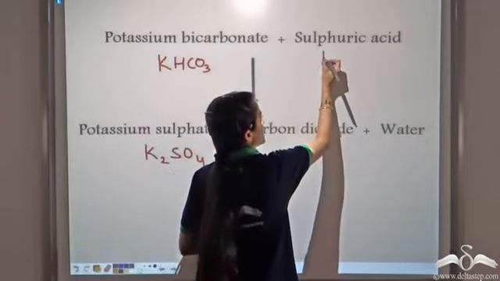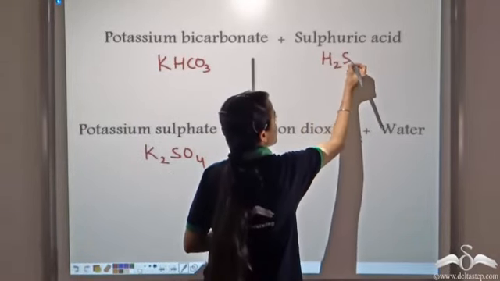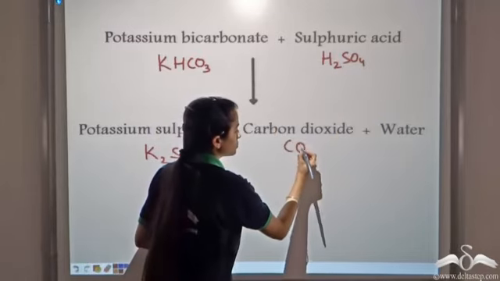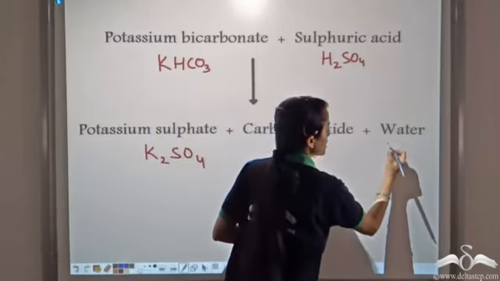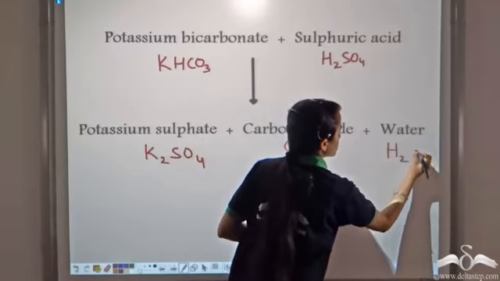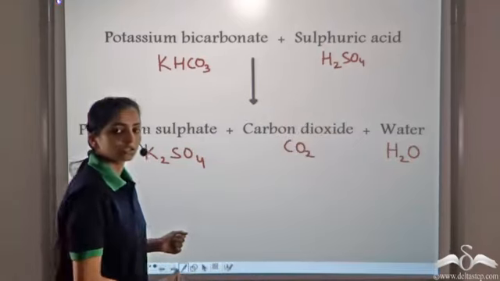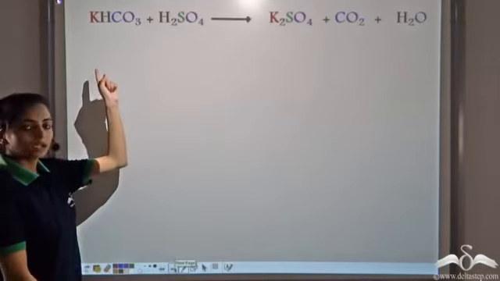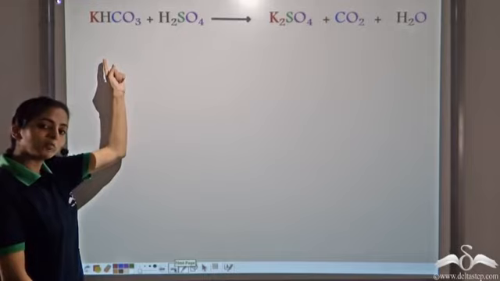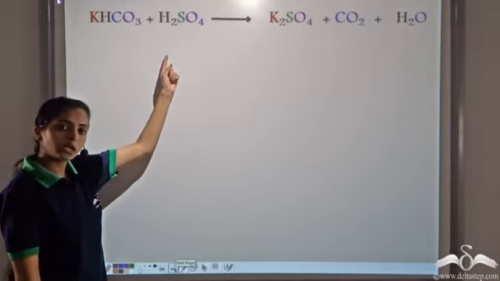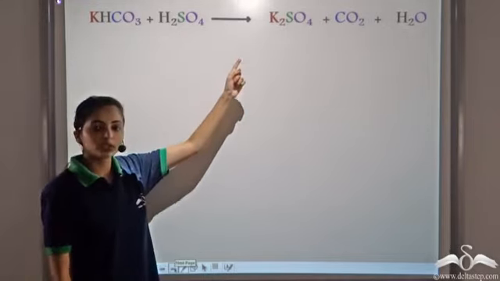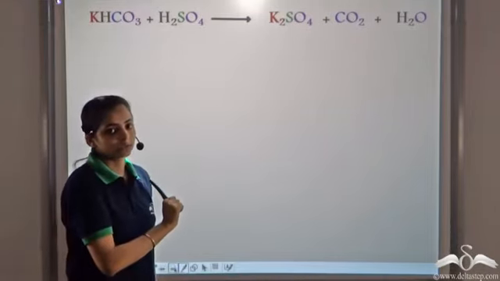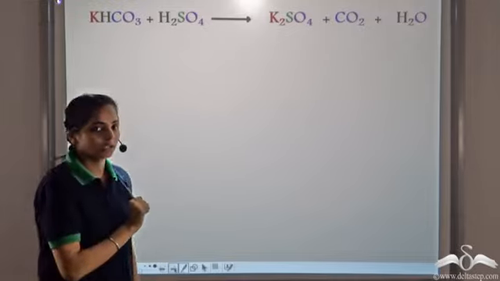Sulfuric acid is H2SO4, carbon dioxide is CO2, and water is H2O. So now let's write the chemical equation. We have KHCO3, that is potassium bicarbonate, reacts with sulfuric acid to give K2SO4, that is potassium sulfate, plus carbon dioxide plus water. Now we have to balance this chemical equation.